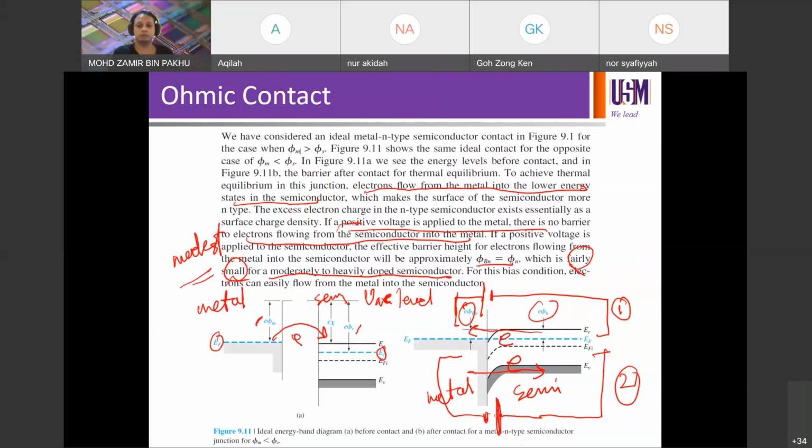So to relate this to the IV curve, you're going to have this IV curve for the ohmic contact. So we are allowing the carriers to flow in both directions with the right biasing condition, okay? So case number one, you're going to get electrons flowing from a semiconductor into the metal. Then for case number two, we're going to have the opposite direction of the electron flow.